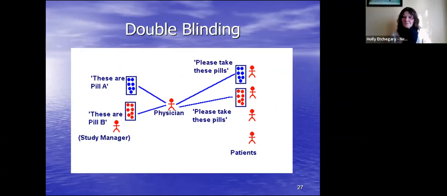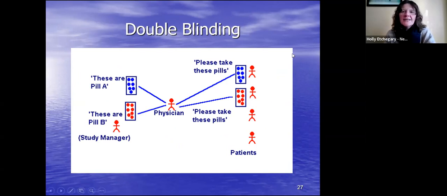Now, have you heard of this term before, double blinding? If you have, you're probably most familiar with it in terms of a drug trial, where our treatment group receives the treatment pill, whatever it is, and our control group receives a placebo. So they don't get the new drug, but everyone gets a drug.